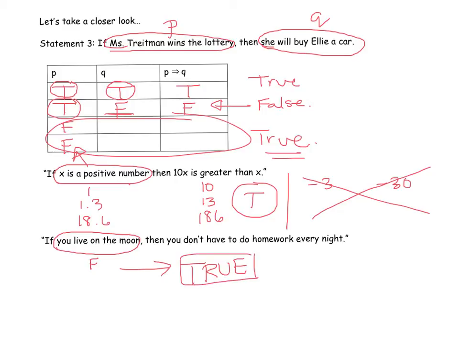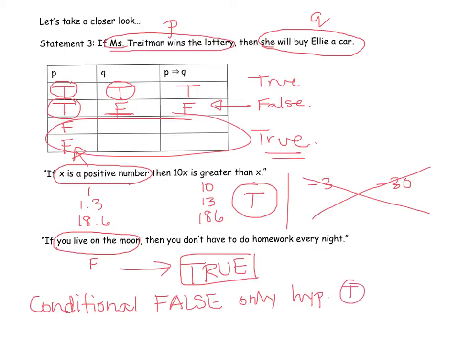So the key here is that the only way to make a conditional statement false is only when the hypothesis is true and the conclusion is false. That is the only possible way to make a conditional statement false.